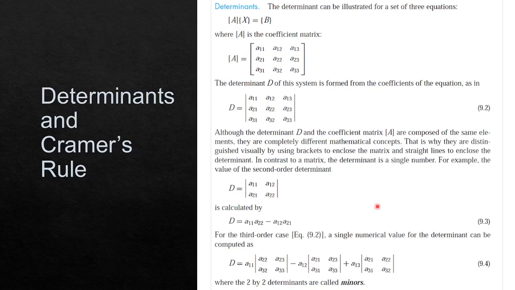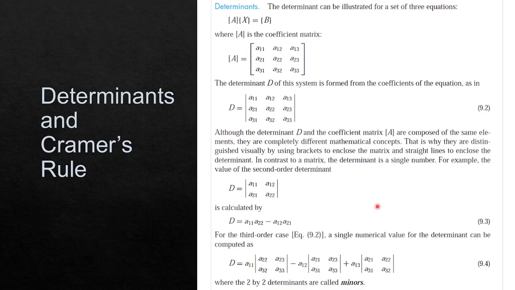So let's talk about determinants and Cramer's rule. The determinant can be illustrated for a set of three equations. Let's say you have a matrix A, which is the coefficient matrix. It has equal numbers of equations, and the values come from the equations.